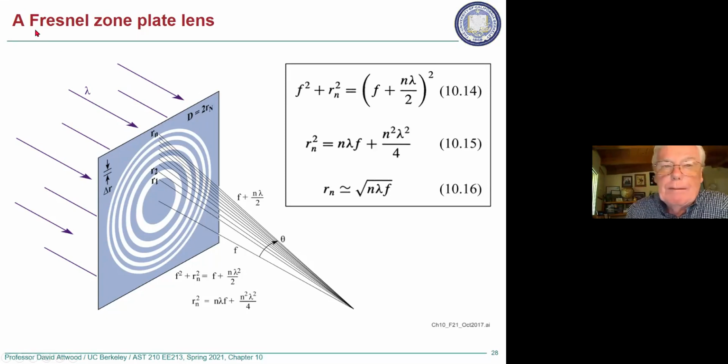And by the way, at a beamline, at a synchrotron, a typical diameter for one of these zone plates is 100 microns or less, and the distance back to the undulator might be 20 or 30 meters, so the angles are pretty small.